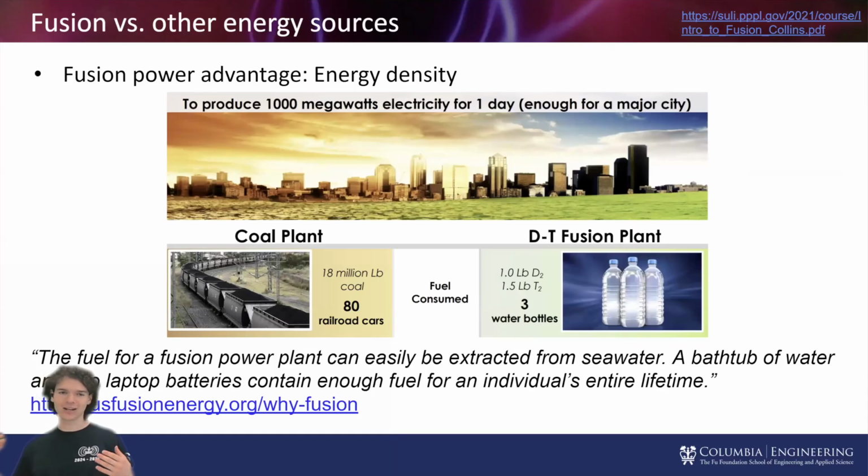So imagine a train going past you, like you're stuck at that train station for a while, and it's all coal going past you for just one day. Whereas a DT fusion power plant only needs 3 water bottles filled with deuterium and tritium to create enough power for that one day. That's a major difference in why fusion has the chance to be so economical and so efficient as well. And we can have so much power.